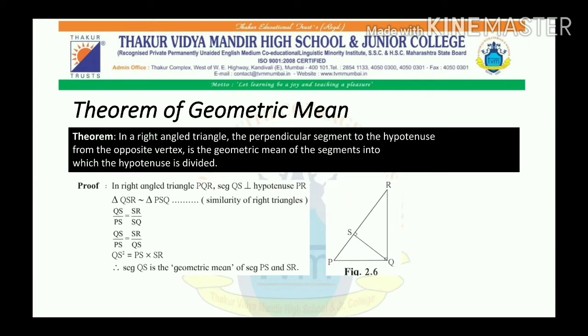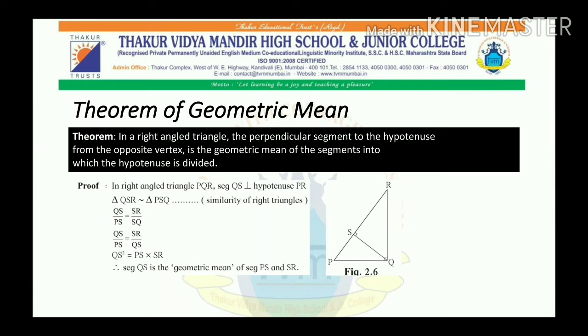So for proof, in a right angle triangle PQR, the perpendicular drawn to hypotenuse is QS. Then here triangle QSR, which you can see on the upper side of the right angle triangle, is similar to triangle PSQ. By the similarity of right angle triangles, these two triangles are similar to each other.